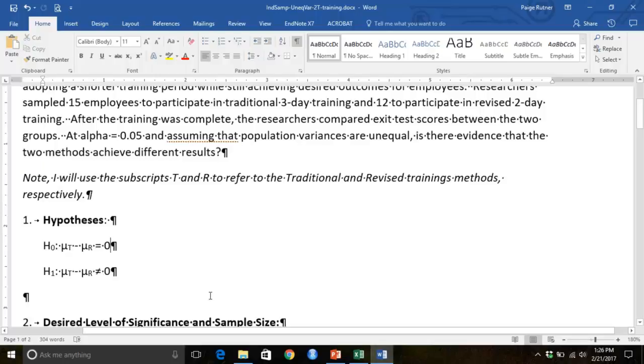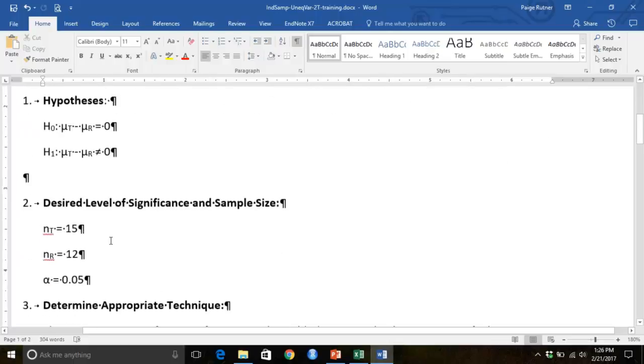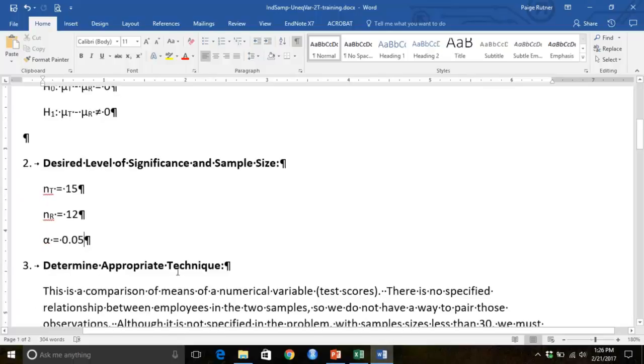So I'm going to hypothesize that the means of the two populations of people who take the two different trainings, that the difference between those means is equal to 0, which means my alternative hypothesis is that that difference is not equal to 0. We are given, of course, sample sizes and a level of significance in the problem statement.